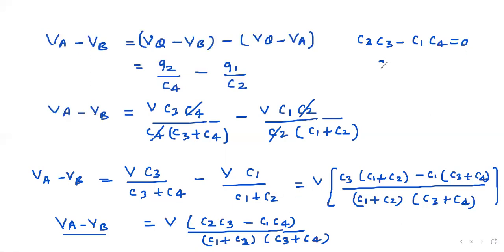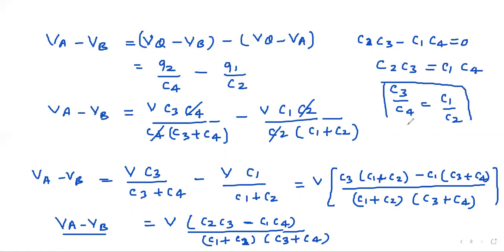So in that case, we will get C2 C3 equal to C1 C4, or C3 by C4 will be equal to C1 upon C2. So this is the required condition to make the potential difference zero between points A and B.